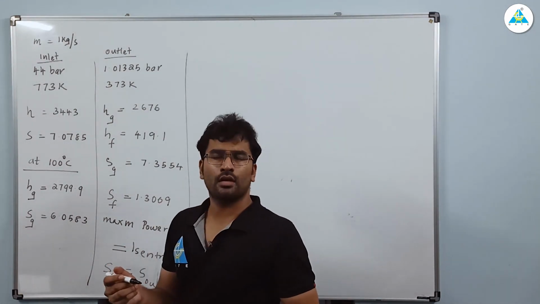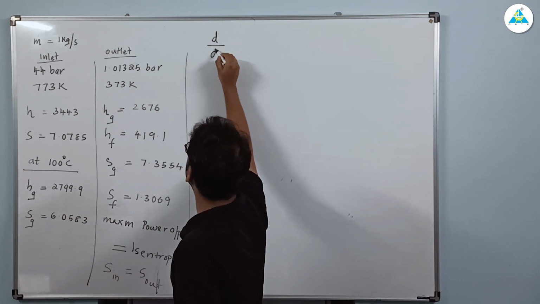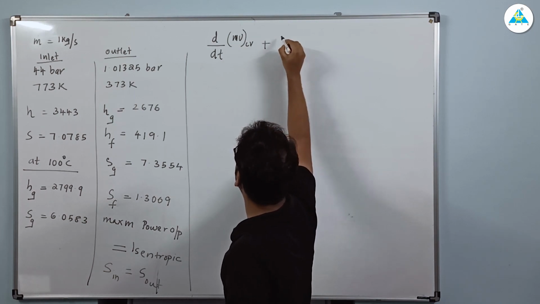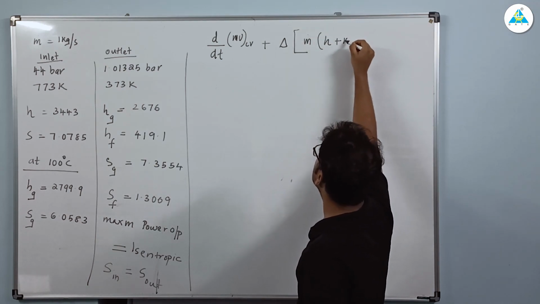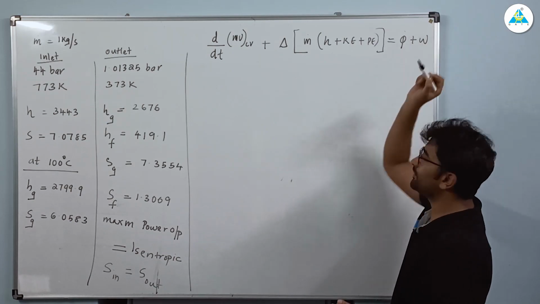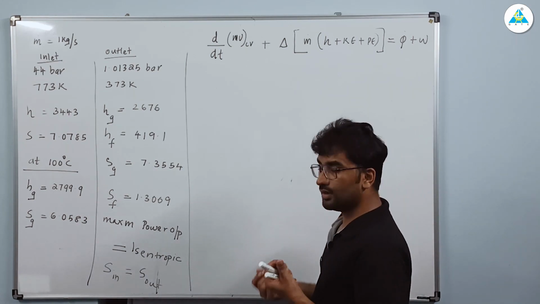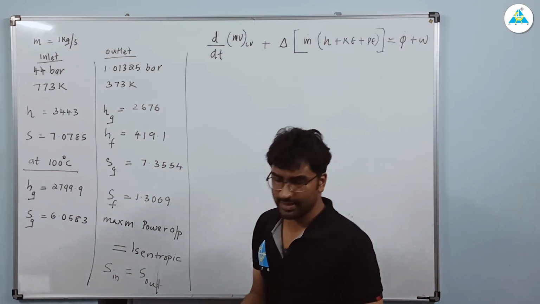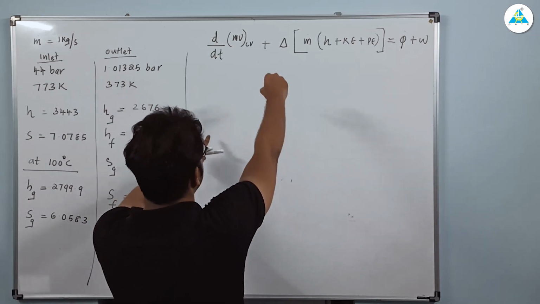I hope you remember the application of the first law of thermodynamics to an open system. What was the equation? d by dt of mass times specific internal energy of the control volume, plus outlet minus inlet of mass flow rate times enthalpy plus kinetic energy plus potential energy, equals heat transfer plus work transfer. We did a compressor question like this, a steady flow device. A steam turbine is a steady flow device, meaning if the operating conditions do not change for a long period of time, you can consider it a steady flow device. So you can easily cancel d by dt too.